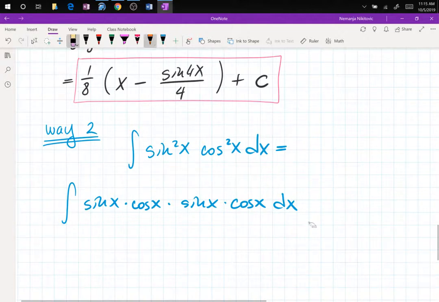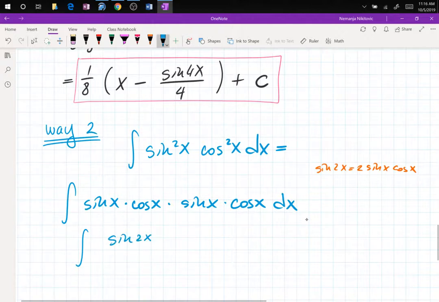Now, why did he suggest this? He suggested this because there is a formula which says that sine 2x is 2 sine x cosine x, right? So you have two of these sets. So now you have sine 2x over 2 and another sine 2x over 2.